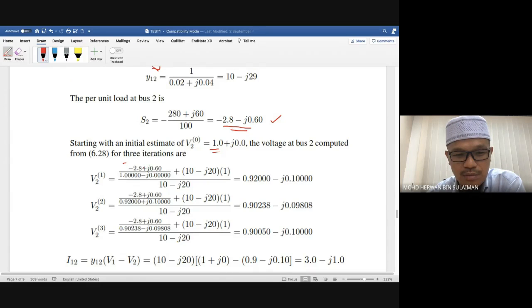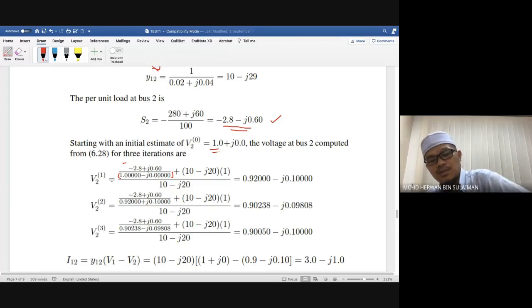When you do conjugate, positive untuk this one, right? Divide by 1. This is your V2 conjugate. Since the first initial tak ada masalah, sebab untuk the second iteration biasa student akan buat silap, dia lupa nak conjugate actually. Ni negatif kosong, tak ada masalah. Plus this one is Y12 times 1 is your V1, divide by Y22, right? Sama Y11 dengan Y22 sama, tak masalah. So you get your value for the first iteration 0.92 minus J 0.1, and then go for the second iteration.